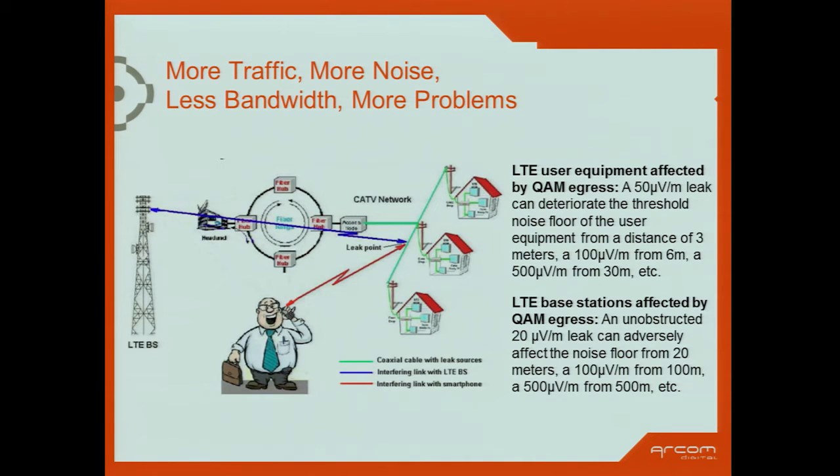These are the kinds of problems that we're looking at. There are really four types. You've got the cable company that's egressing against the tower. 20 microvolts per meter is enough to start degradation of the noise floor of the tower. 50, which isn't a lot, 50 microvolts is enough to trigger an investigation. And we already described what happens during an investigation.